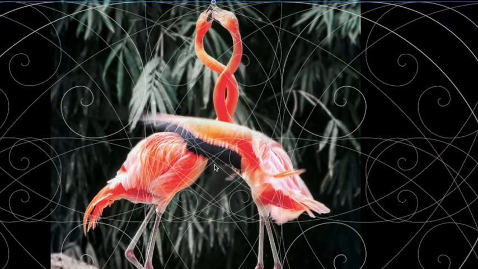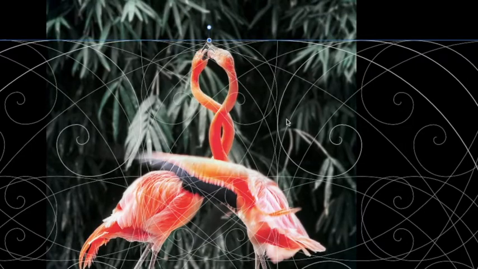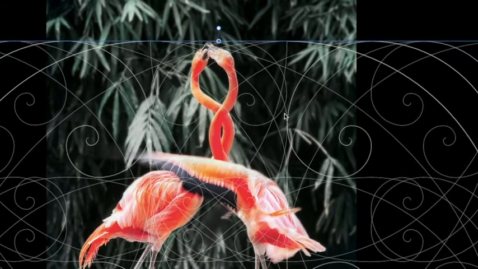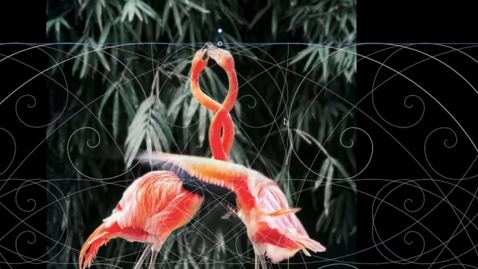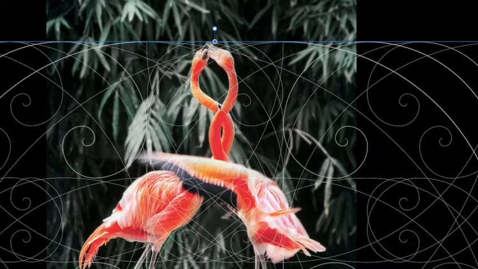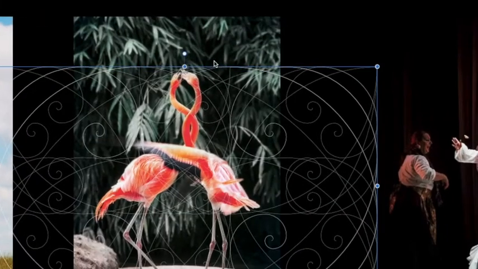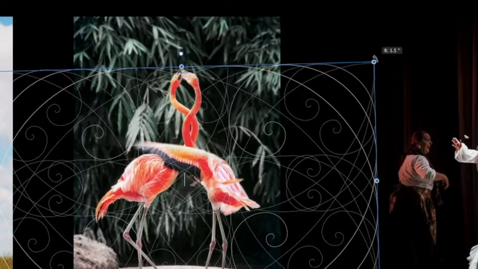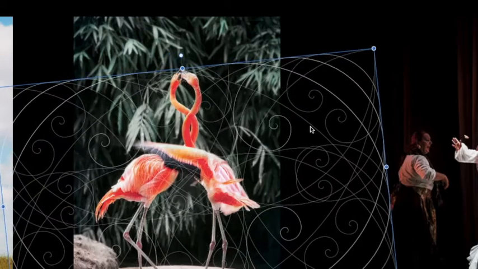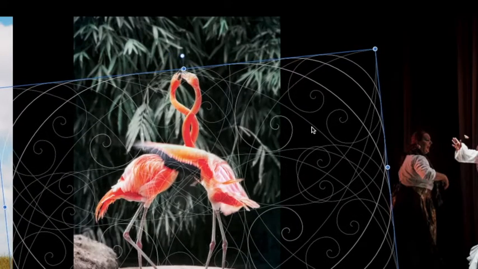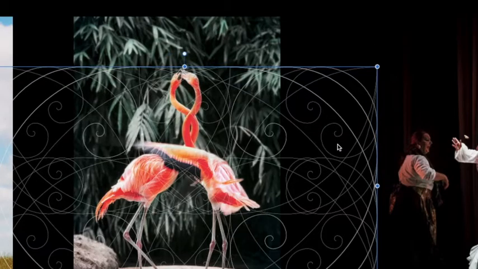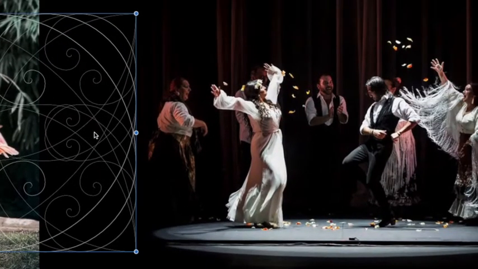That arc, and also this cross basically right where their necks are crossing, and this cross right where their beaks are, talking about that internal area there a little bit. Neat.